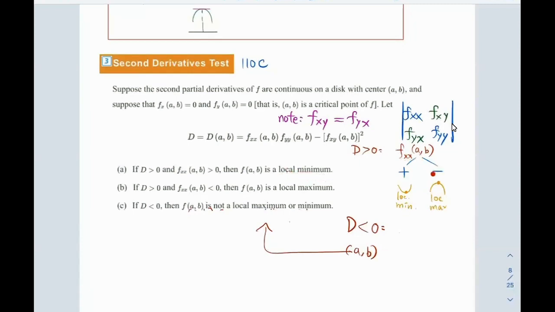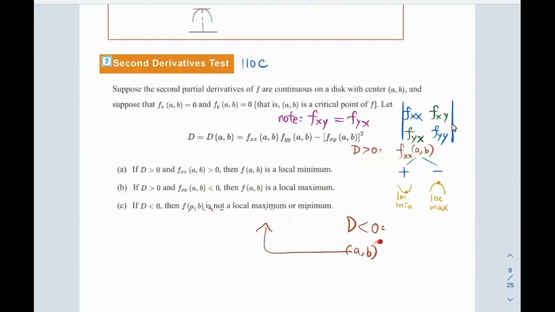And if it is negative, think of a concave down graph, and the function value will be a local maximum. It's helpful if you can relate this to the Calculus 1 second derivative test, and that will make things a little bit easier to remember. That's how I remember this too.